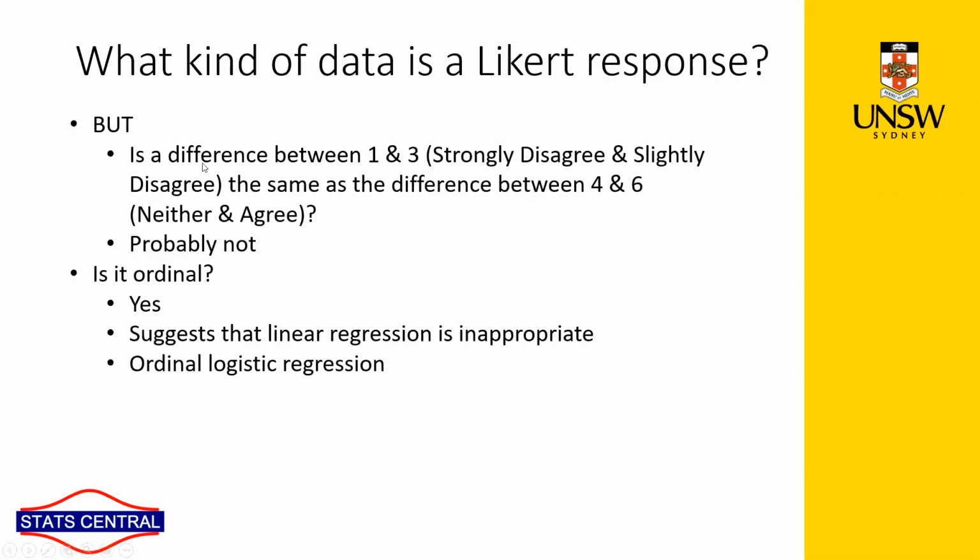But you need to consider whether a difference between category 1 and 3, so for the 7-point scale, strongly disagree and slightly disagree, is that difference the same as the difference between 4 and 6, which is neither agree nor disagree and agree? Is that distance actually the same? I will tell you, no, it's probably not, and it actually differs for everyone, and probably differs for items as well.